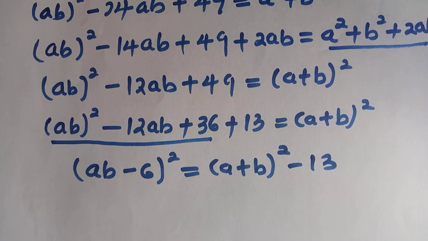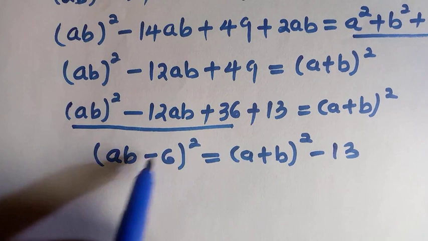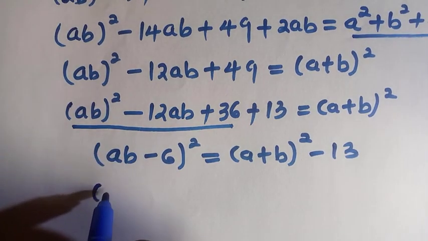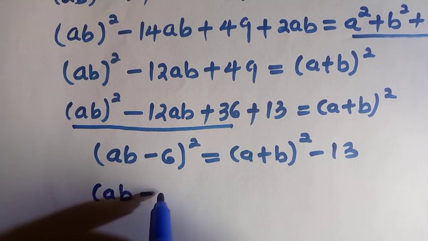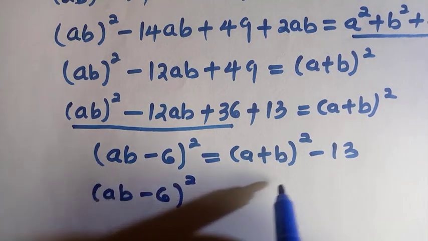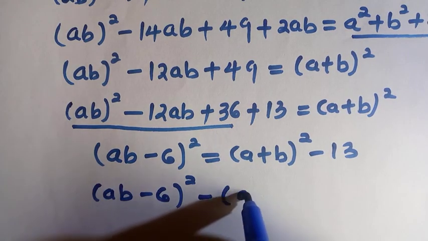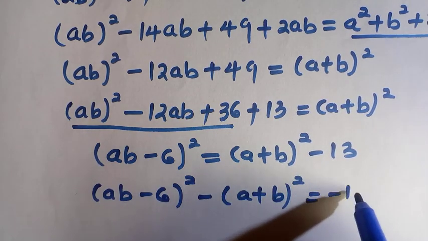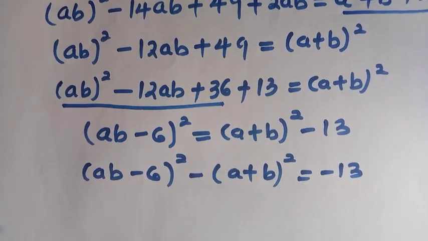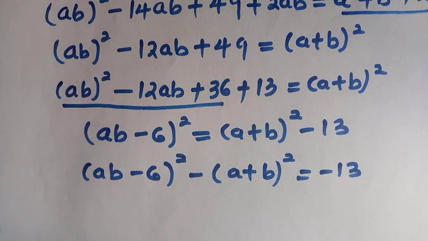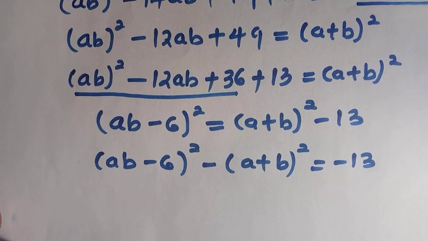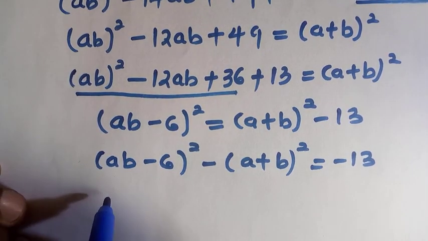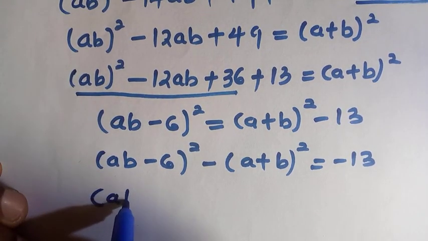Again, if I transfer (a + b) raised to the power 2 to the left-hand side, here becomes (ab - 6) raised to the power of 2 minus (a + b) raised to the power of 2, and everything equals negative 13. Then this is a difference of two squares, just like x squared minus y squared, which becomes (x - y)(x + y).